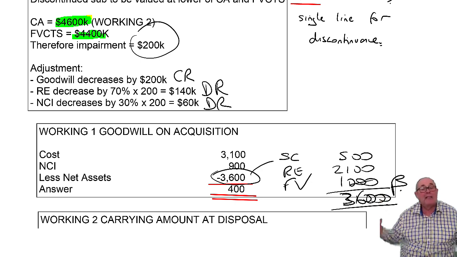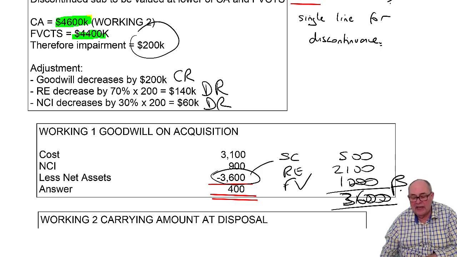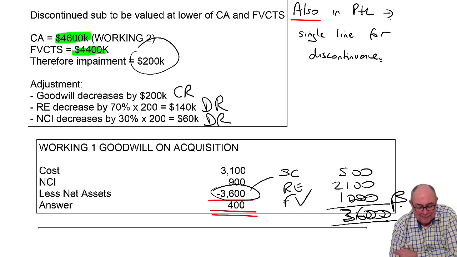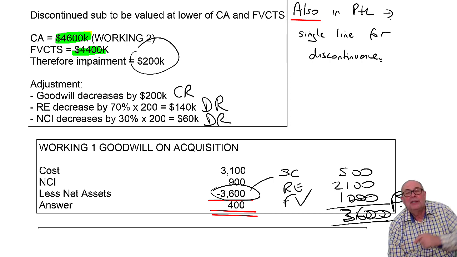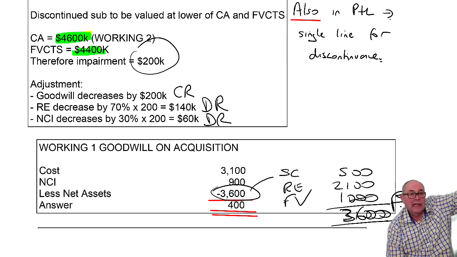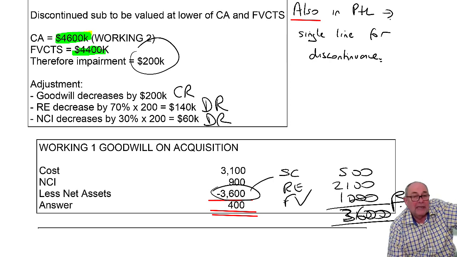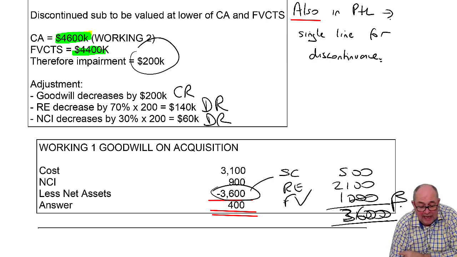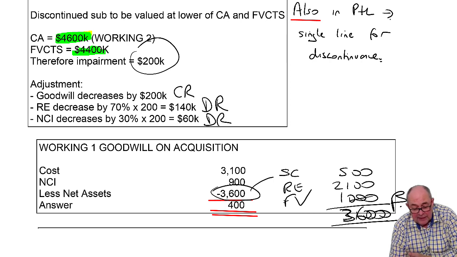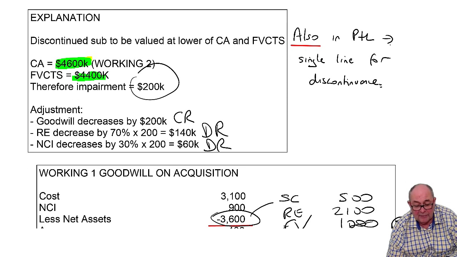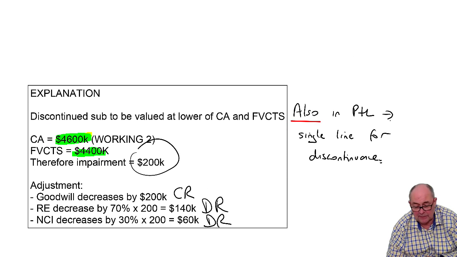So in the profit and loss we'll show a single line for the discontinuance, and retained earnings in reserves will go down by 140, NCI by 60. In the balance sheet, there'll be a decrease in goodwill of 200.